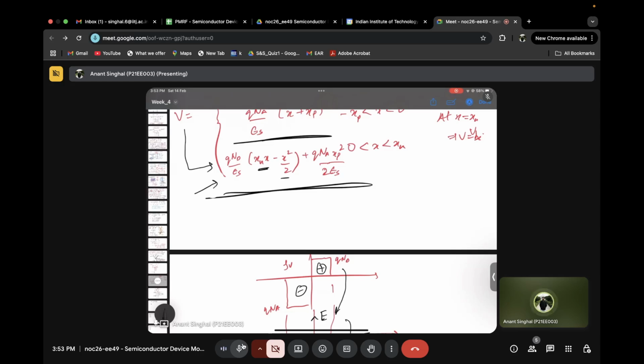So this will be xn square minus xn square by 2. So this will become xn square by 2, right? And similarly, this will remain the same. Is this thing clear? I have kept x equals xn because at x equals xn, V equals VBI. Is this thing clear to everyone or are you getting confused?